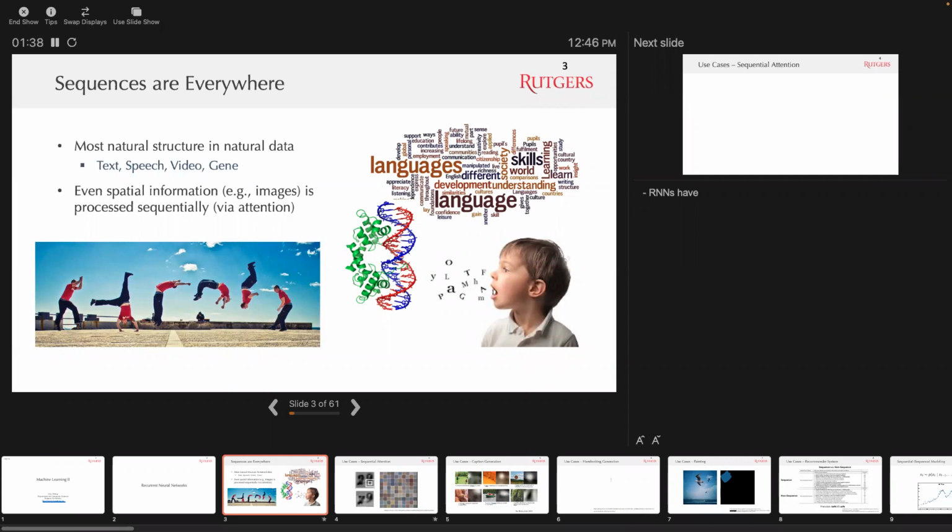You can process images patch by patch or pixel by pixel. And sometimes this is also what humans do, because when humans recognize or analyze an image, they sequentially attend to different parts of the image, and then try to understand what the image is about.